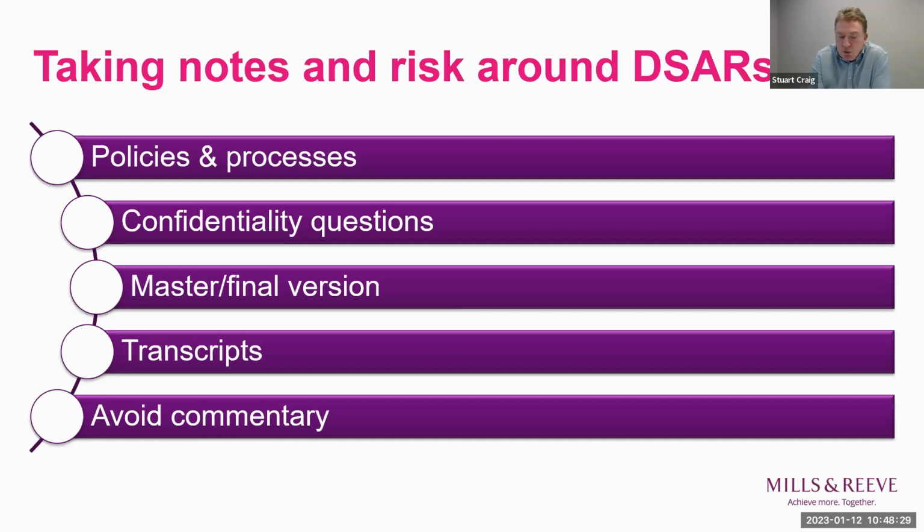What have they been told? So we often see employers or investigators promise witnesses that their evidence will be kept confidential, without any exceptions or qualifications mentioned. That's not really helpful, and that can cause significant problems later on, particularly if a DSAR is received, because you've got an individual asking for their personal data and another individual whom you've promised you'll keep what they've told you confidential.